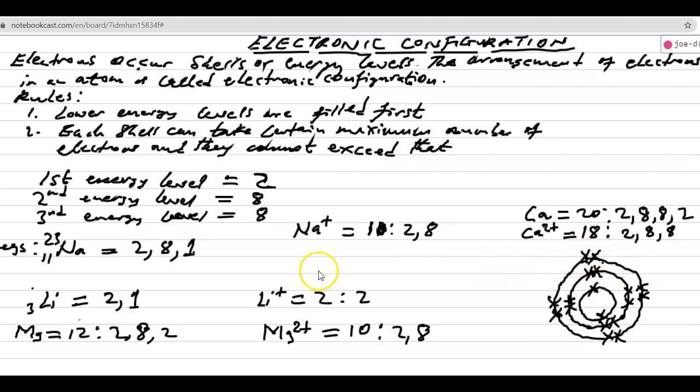So that's how we arrange electrons in an atom or an ion. An ion would have lost or gained an electron, and an atom can be arranged following the format. Hope this helped.